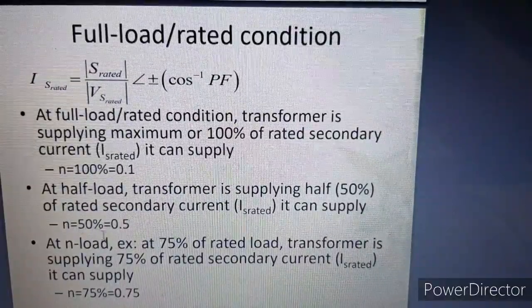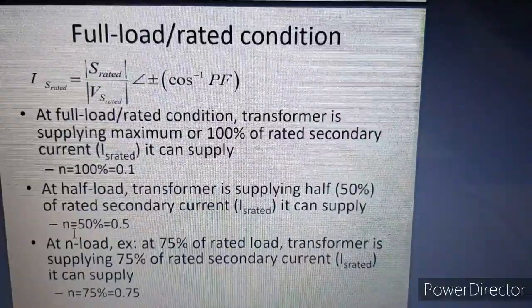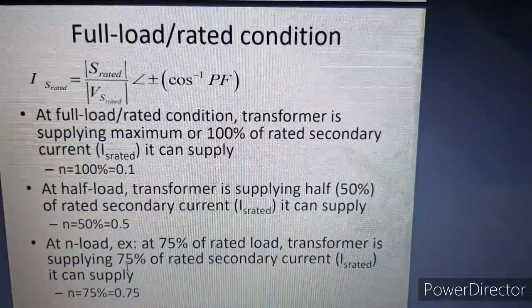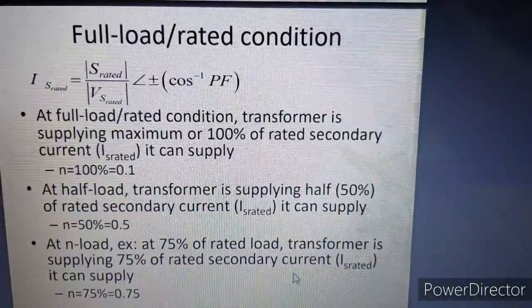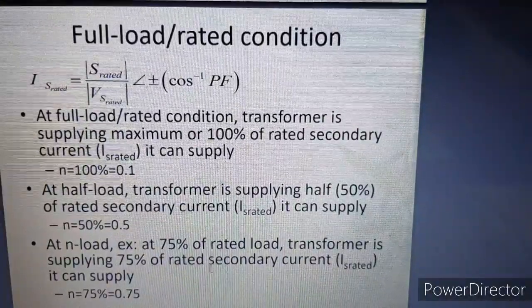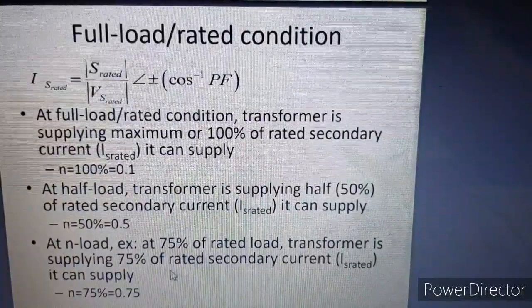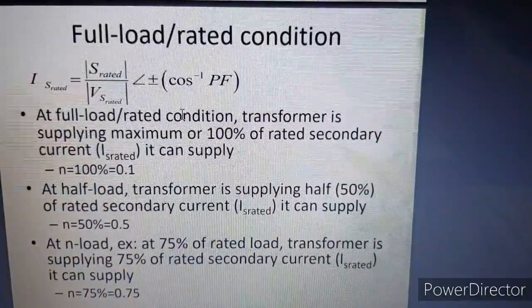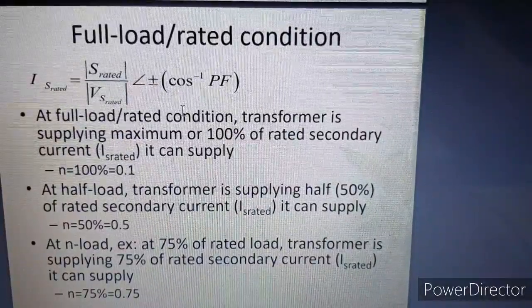So now your n becomes 50% or 0.5. And then at n load means at any percentage of load. For example, at 75% of rated load, the transformer is supplying 75% of the rated secondary current it can supply. So where do we use this value n? We'll look through it shortly after this.